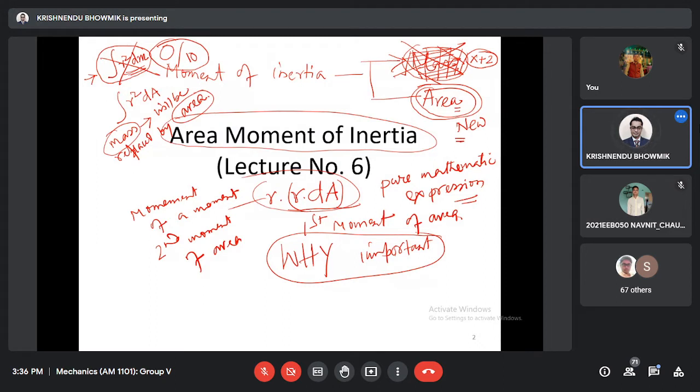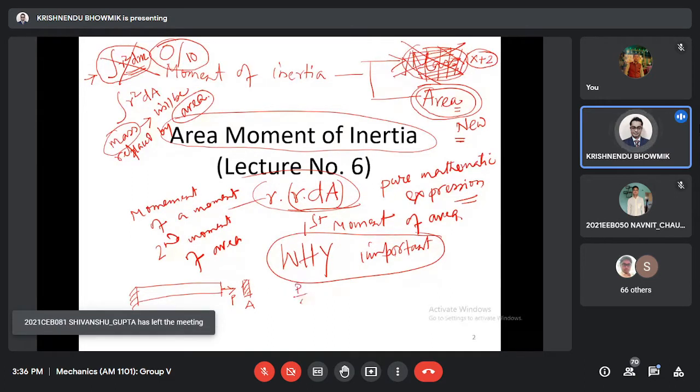Those things are important. Say for example, I have one bar and maybe this is the cross section. If the area is A and you apply some force P, then P by area is the measurement of the stress.